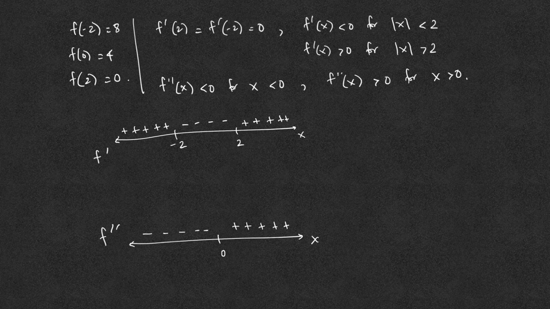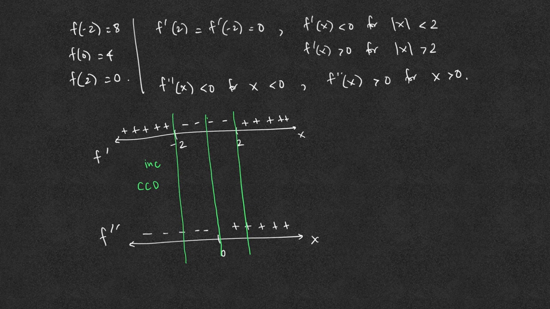We then combine both of these sign charts and make one big sign chart, which tells us whether the function is increasing or decreasing, concave up or concave down. From negative infinity to -2, the graph is increasing because f' is positive, and concave down because f'' is negative.